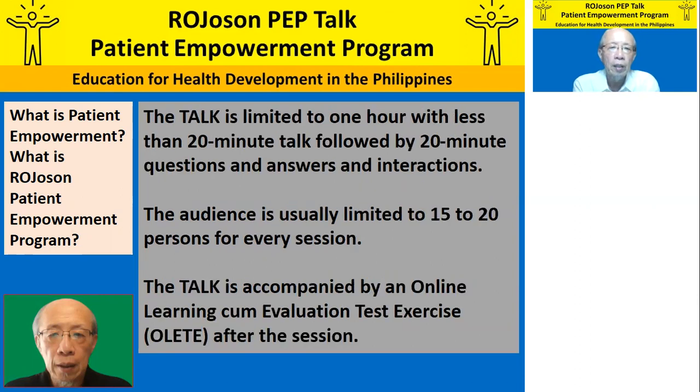The talk is limited to 1 hour, with a less than 20-minute talk, followed by 20-minute question and answers and interactions. The audience is usually limited to 15 to 20 persons for every session. The talk is accompanied by an online learning cum evaluation test exercise, or OLETE, after the session.